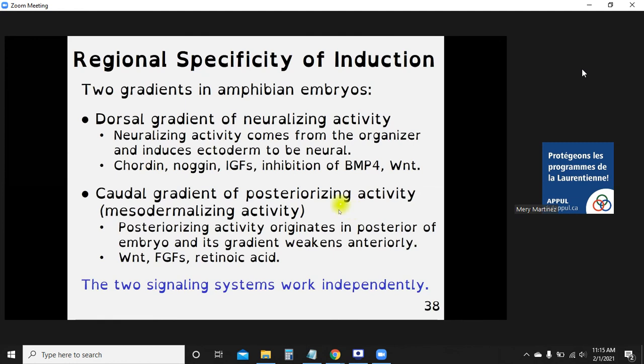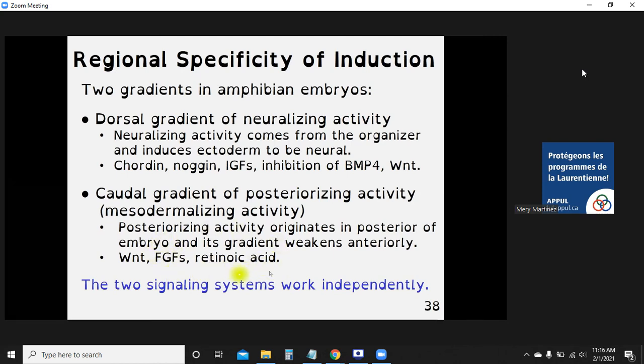The posteriorizing activity originates in the posterior of the embryo, and normally the gradients are weakened anteriorly, right? So candidates for the posteriorizing factors are Wnt and FGF, the fibroblast growth factor, both paracrine factors.